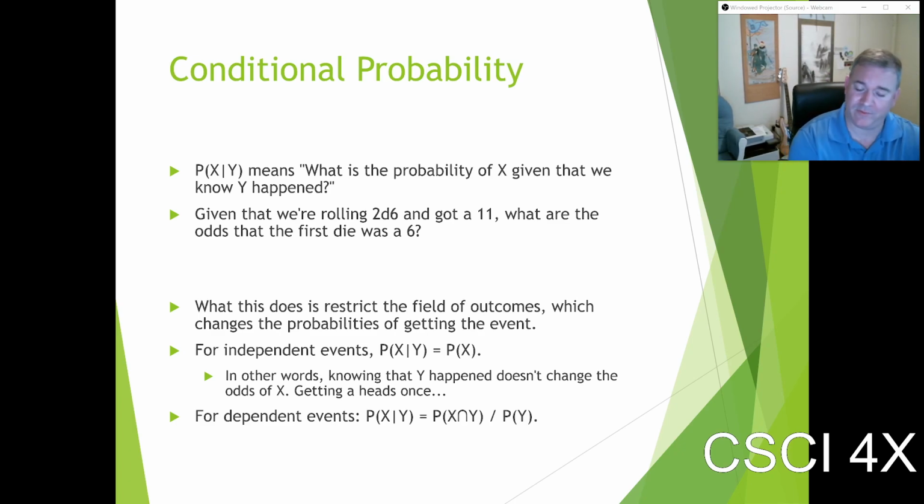So that said, sometimes you have dependent events. For example, when you have 2d6, the sum total is dependent upon the individual dice rolls and things like that. So the equation for computing conditional probability is this right here. The odds of x given y is equal to the probability of x and y divided by the probability of y.